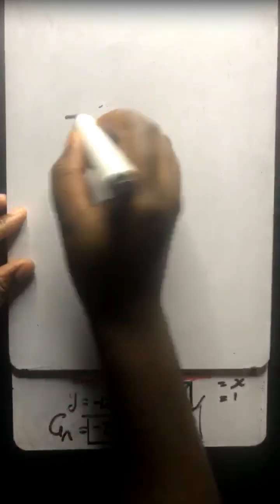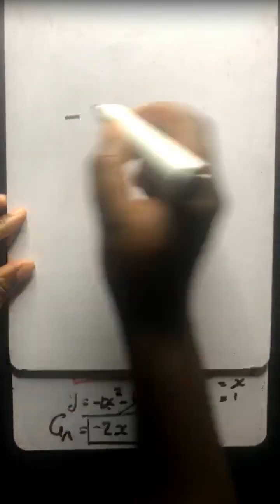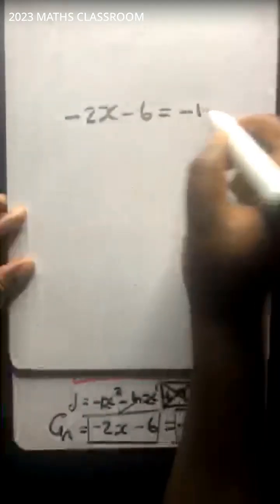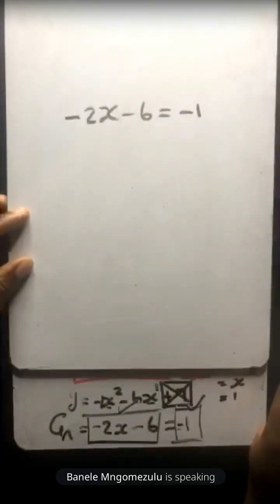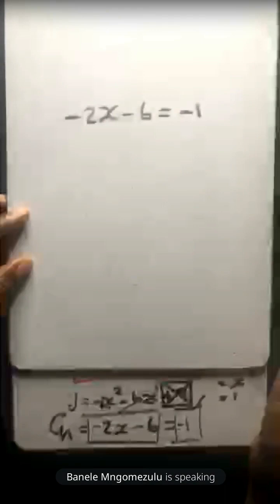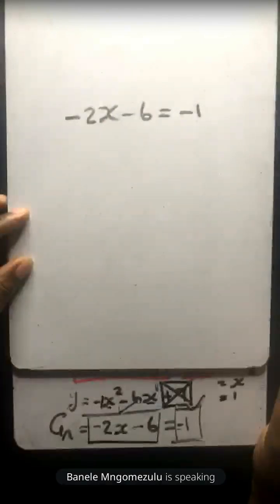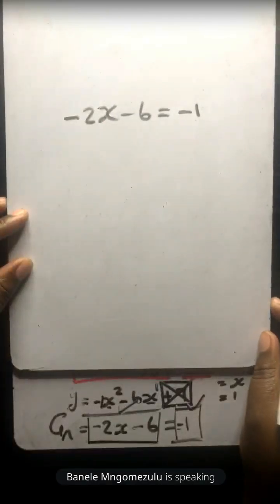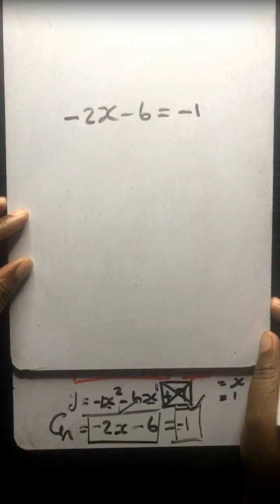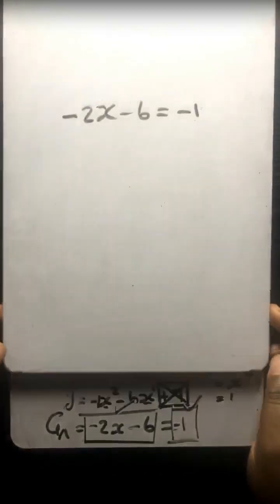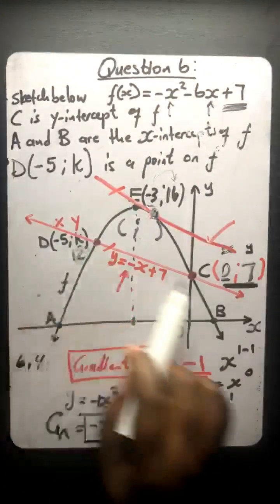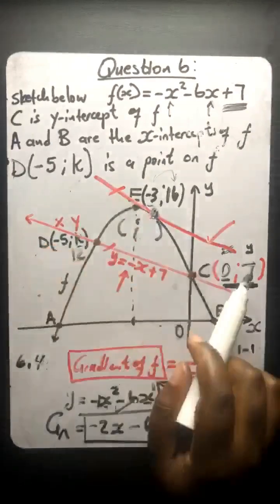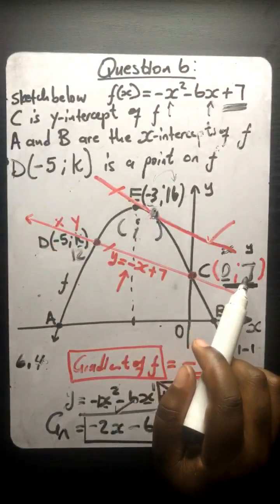Remember, you are having negative 2x minus 6, which is equal to negative 1. All you need to do is to solve for x. Sir, where does the negative 1 come from? For the sake of time, let me just say it comes from you knowing that this line is parallel to that line, and parallel lines have equal gradients.